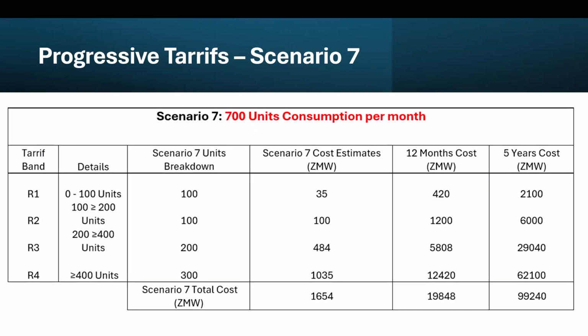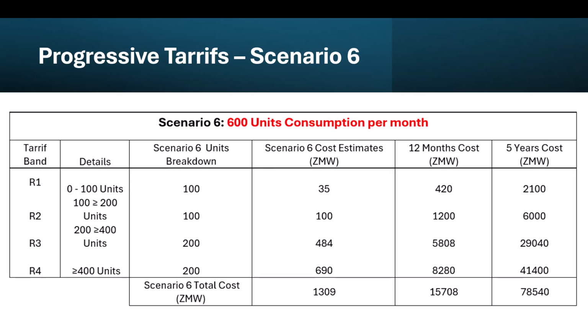If we move to scenario 7, which is the 700 units, if we compare with scenario 6, it has 200 units above the 400 threshold mark, which is in band 4. So ideally, for all the scenarios from scenario 6 to scenario 10, the difference is by how much one exceeds the 400 unit mark, which is the basis for band 4.